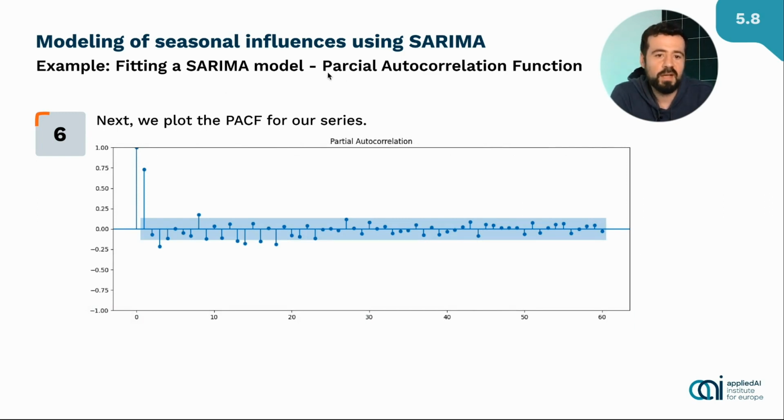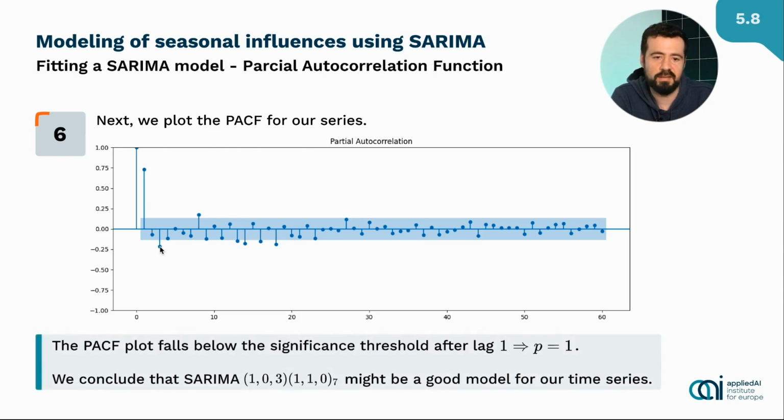Now let's have a look at the partial autocorrelation function. And here we see that we meet the significance threshold at a lag of 1. So that means that we only need one autoregressive lag. And with that, we have determined all the values that we need in order to specify our SARIMA model.